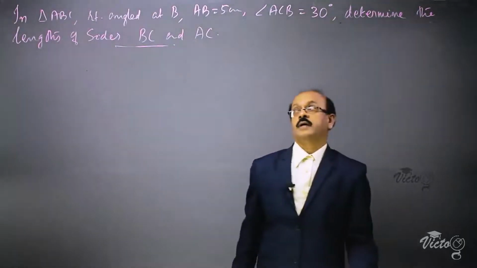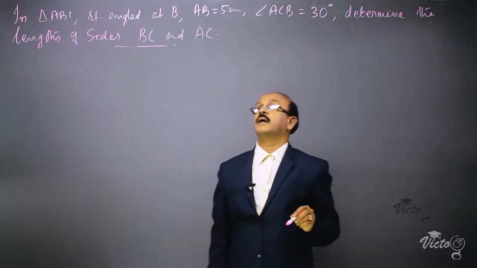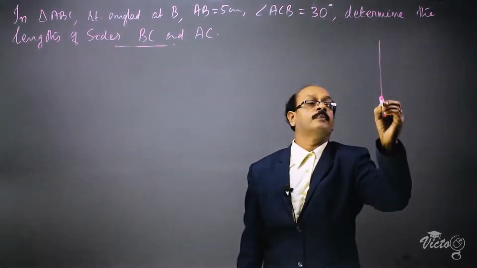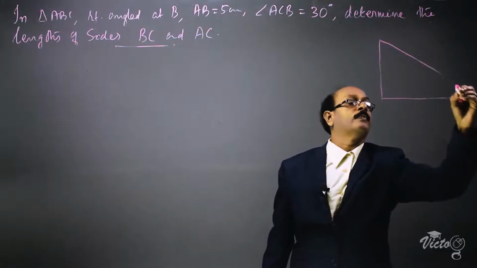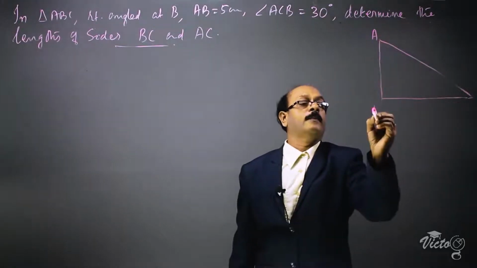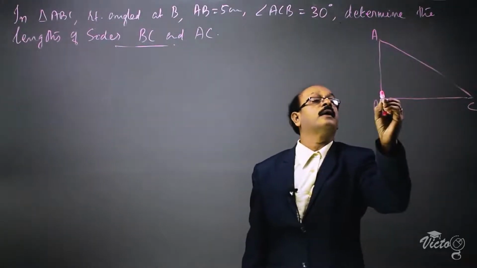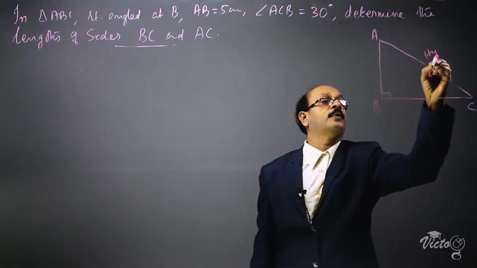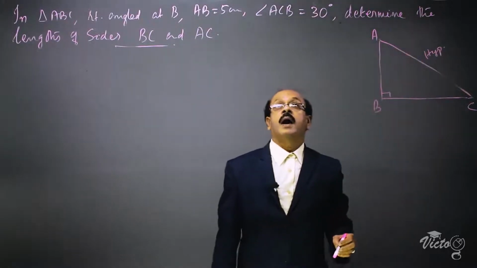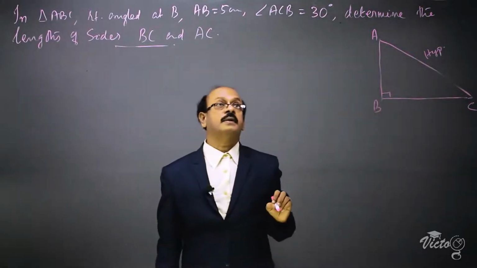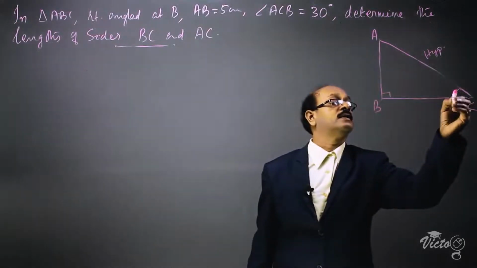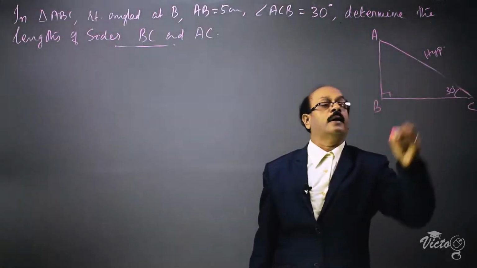Now, the figure is ABC is a triangle right angled at B. So, this is the hypotenuse. And angle ACB is given to be 30 degree. ACB means this angle is 30 degree.